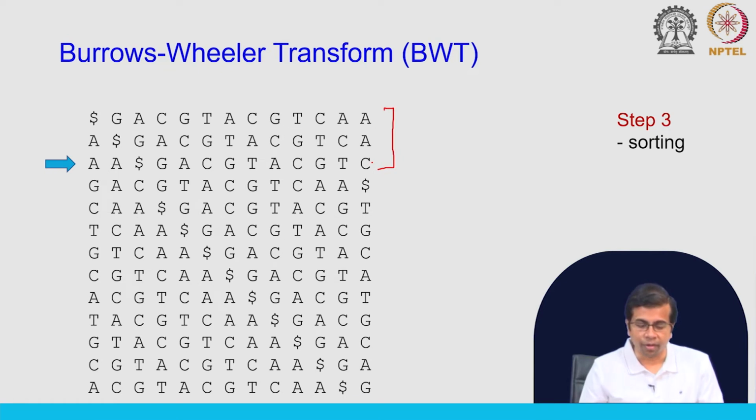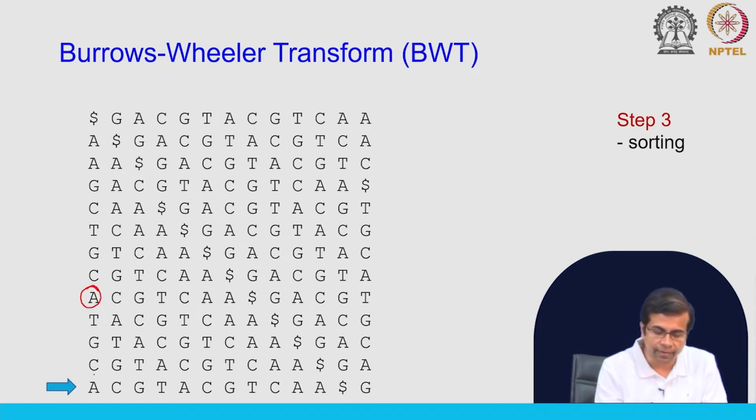So, we continue, and for this one we have this one here. Again we have two strings that start with A and the second letter is also the same for these two, C, C. The third letter is also the same, the fourth letter is also the same.